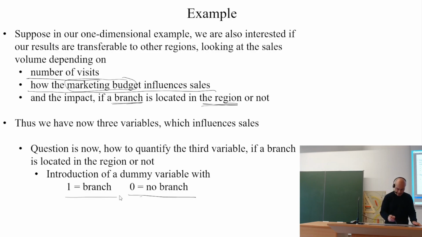And this is then called a so-called dummy variable. And in this modeling, we can then identify the impact of the situation if I have a store in the region or the town or not.